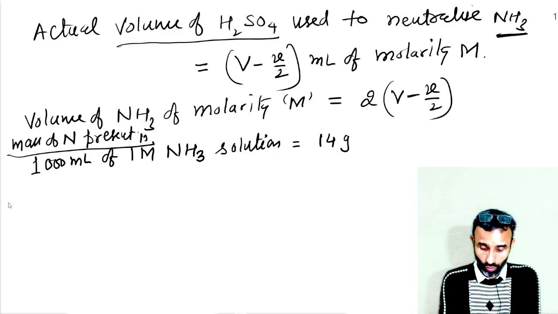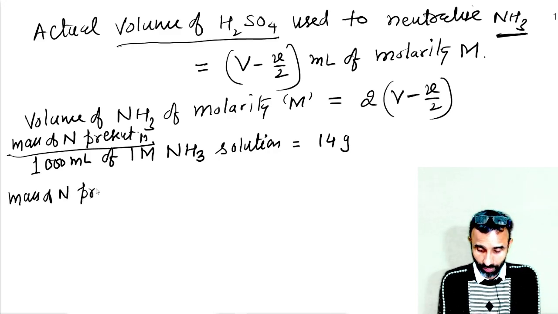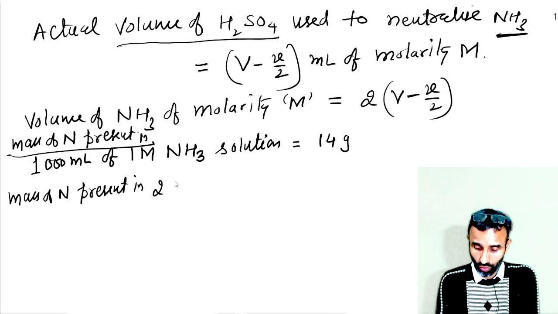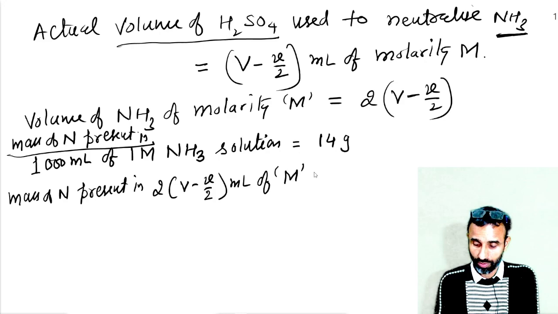So now the mass of nitrogen present in 2 into V minus V by 2 ml of capital M molar ammonia.